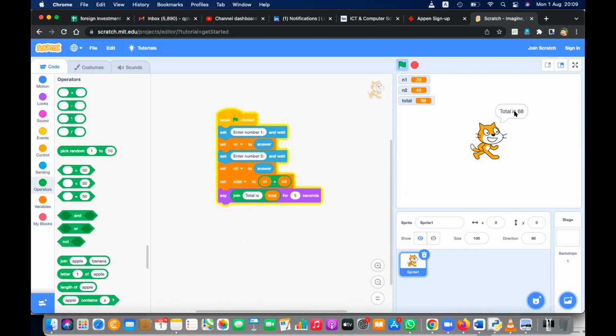It says total is 16. When you input 2 numbers, it says total is 90. When you input different numbers, it calculates the total and displays it back to us. So I have used this join to make a meaningful sentence.